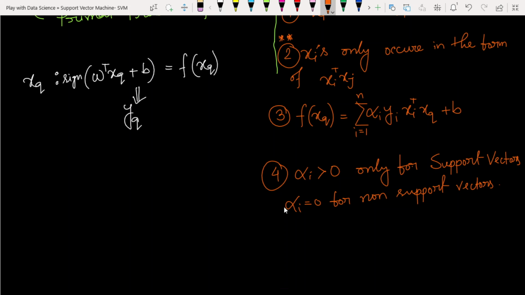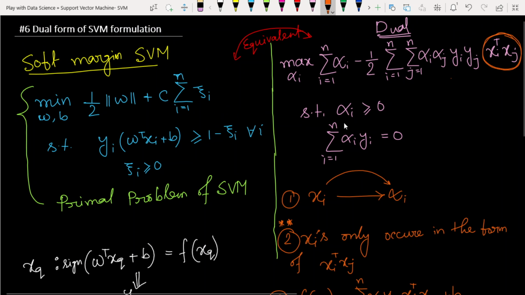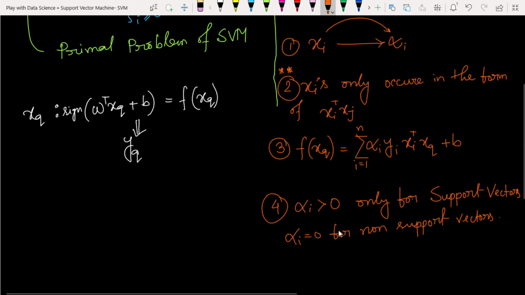This is the main advantage of the dual problem of the SVM. So for non-support vectors we are not taking care of them.